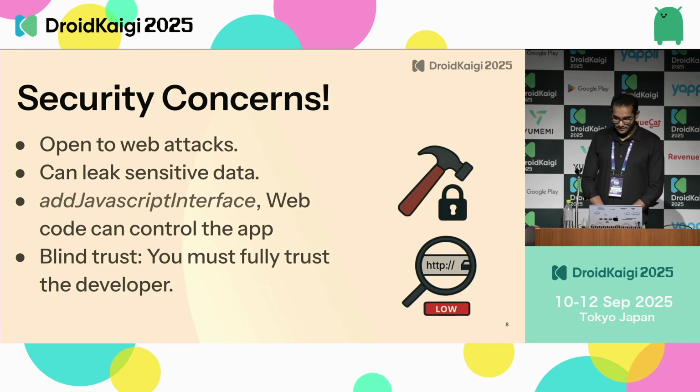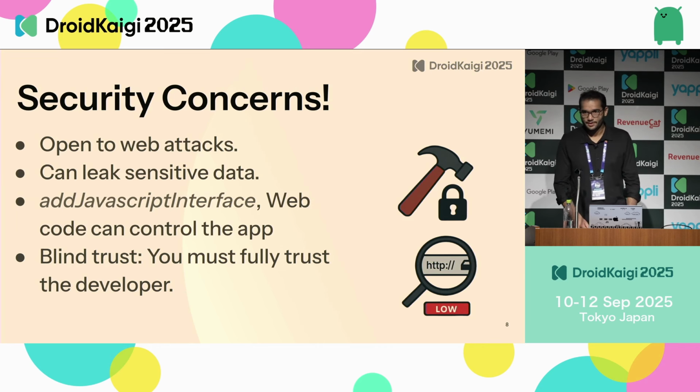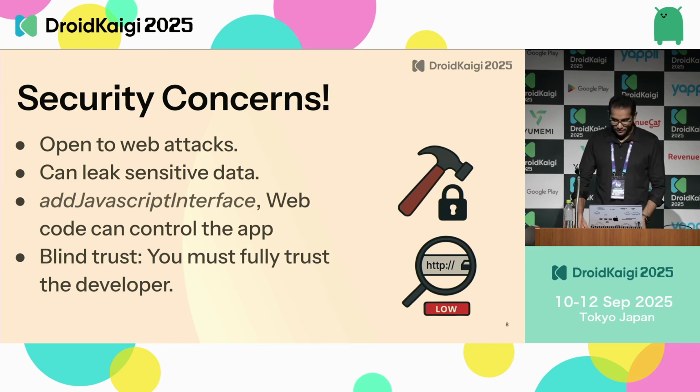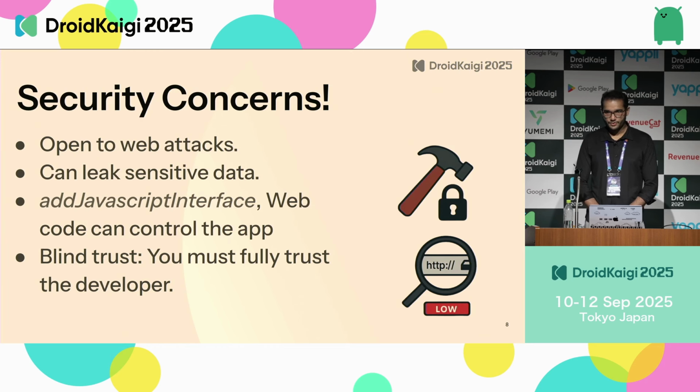Let's address the elephant in the room, the security. Security is also a big concern here, especially for a finance app like PayPay. WebViews face web attacks like cross-site scripting injections where data can be intercepted. To talk to native apps, WebView uses JavaScript interfaces.